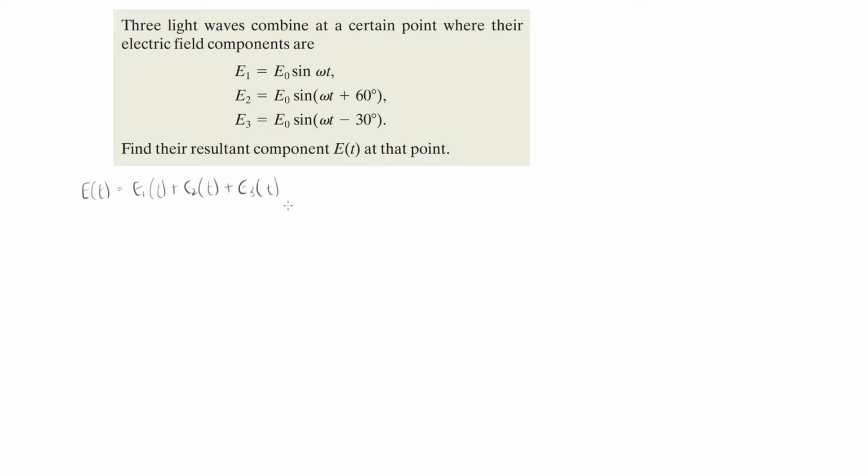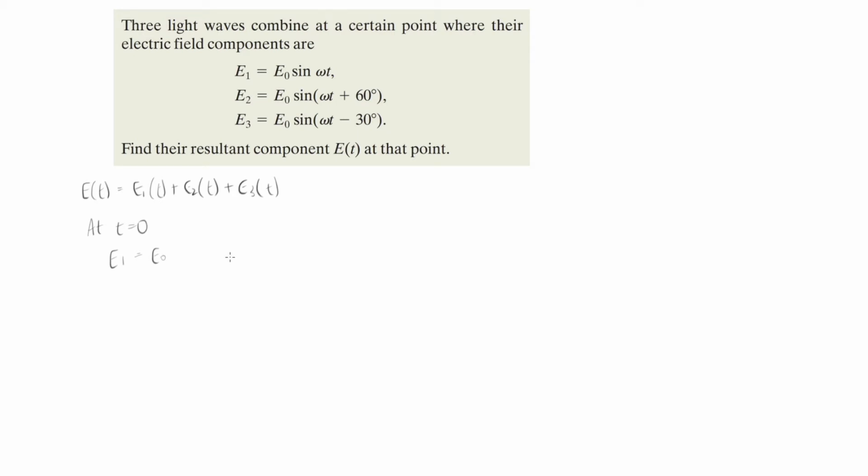So we are free to evaluate the phasors at any time t that we choose. So we are going to choose t equals 0 because that is the most straightforward way to do that. We can evaluate these straight away. So at time t equals 0, E1 is going to equal E0. So it's just going to be a vector E0 along the x-axis.